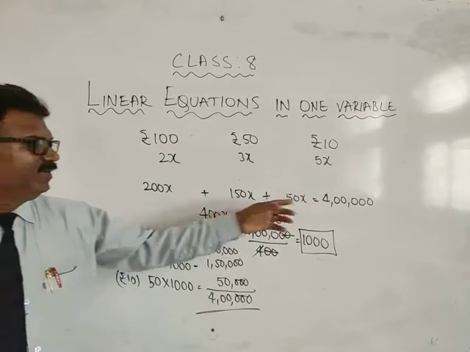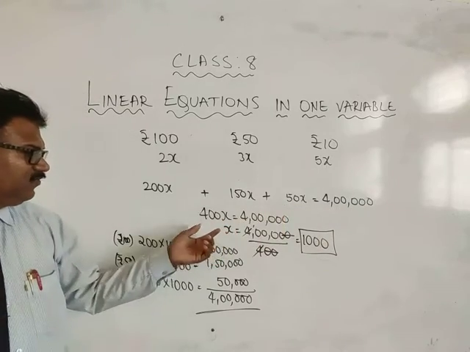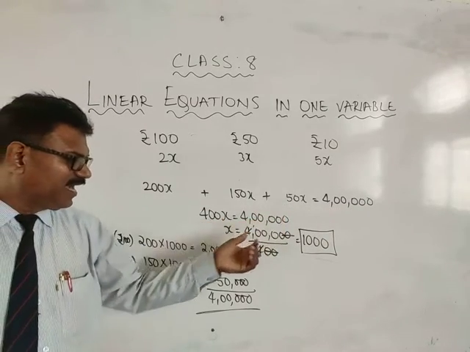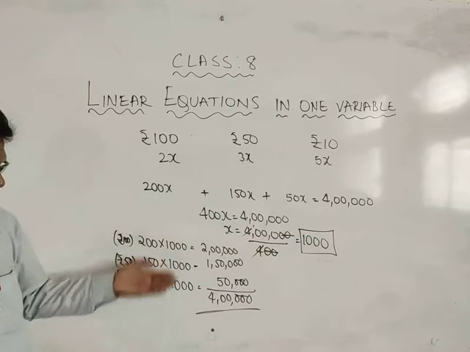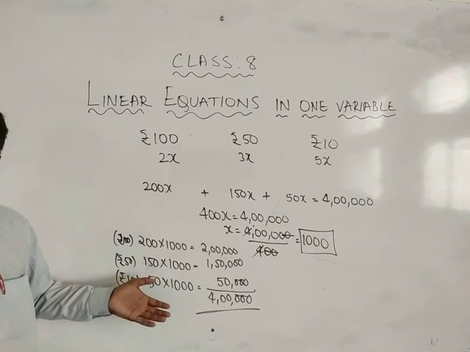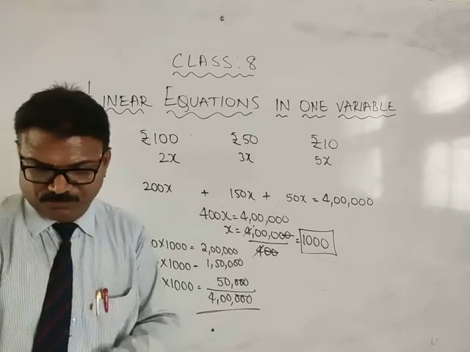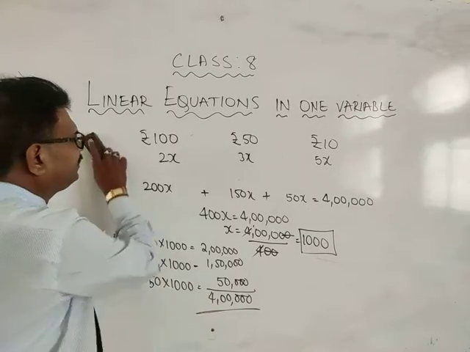If you add them, it is equal to 4 lakhs. Therefore, 400x equals 4 lakh, x equals 1000 notes. Now, this is nothing but your verification. Okay? Did you understand? Yes. Next.